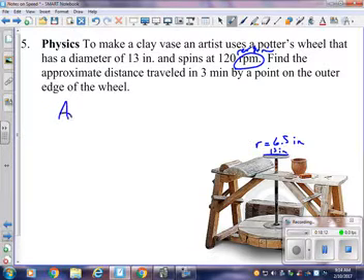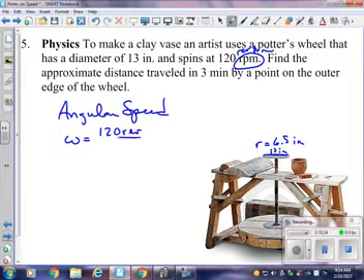So in this case, we have our angular speed, which we are going to find with 120 revolutions every minute. We're going to take the RPM abbreviation and rewrite it so we can read it as a unit. We're going to put that times 2 pi radians over 1 revolution.